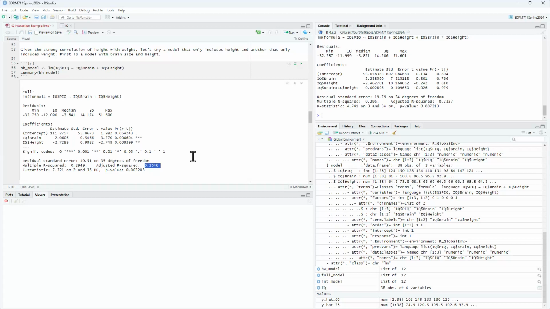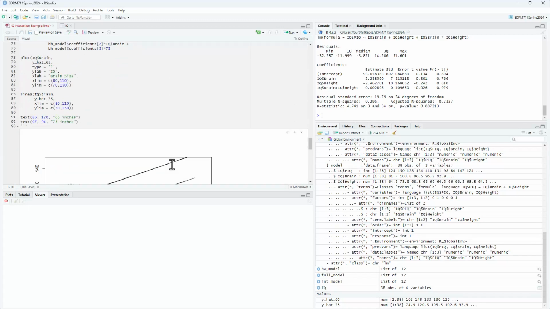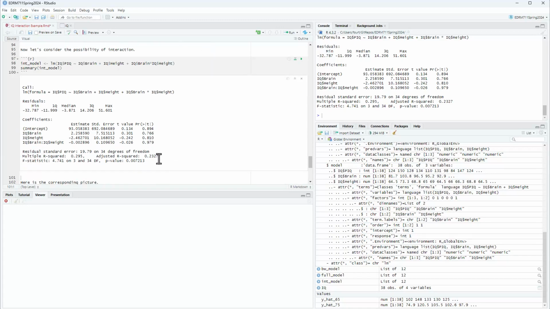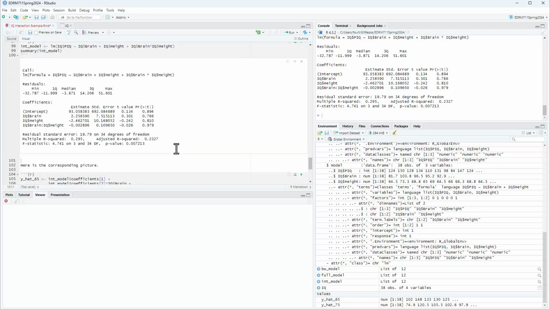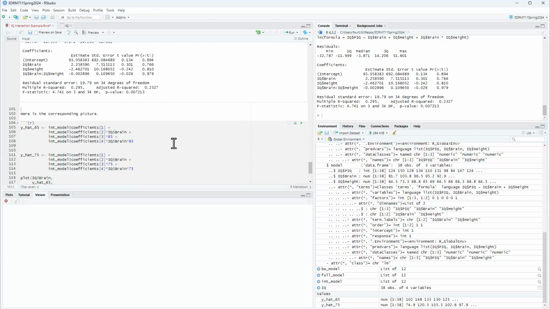That one can go down when you add variables if they're not contributing. And indeed, we went from 0.2546 here to down here we have 0.2327. So adjusted r squared dropping is not a good thing. Okay, so I'm thinking there is no interaction, but before we let it go, let's look at a picture.